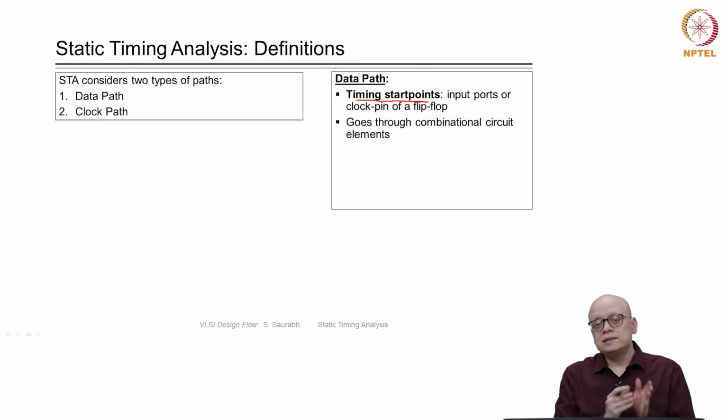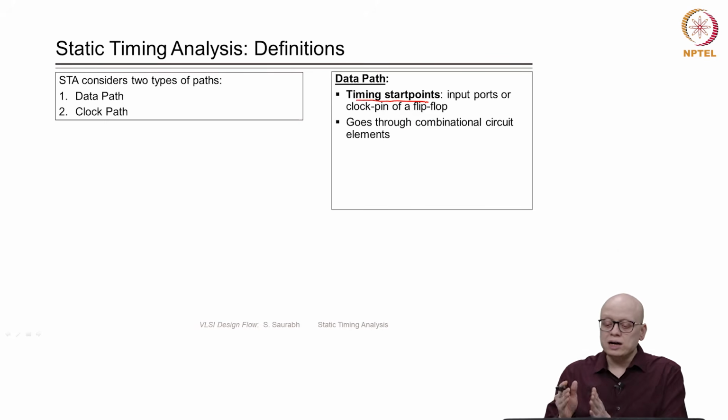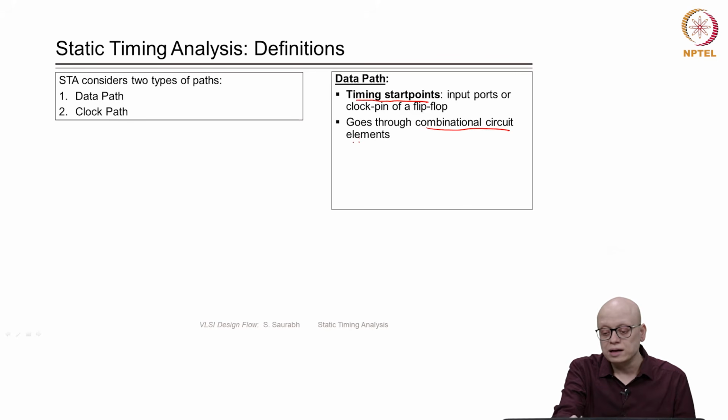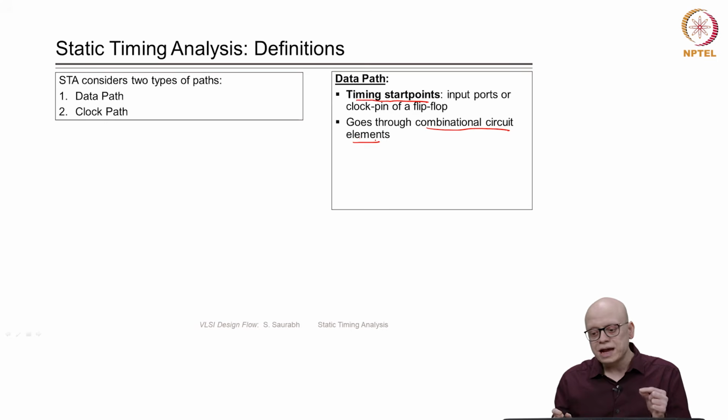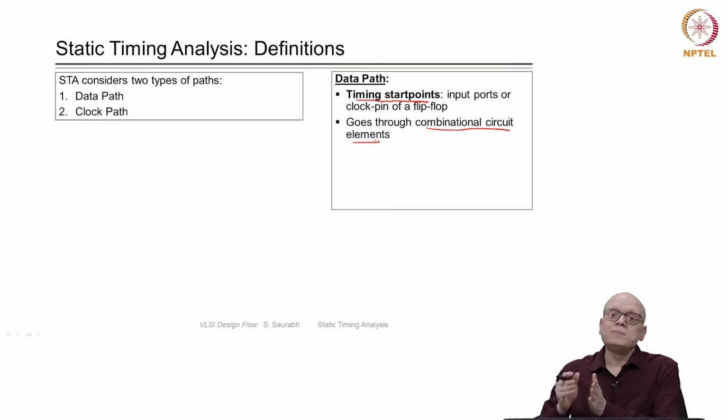Then this path can go through combinational circuit elements only. No sequential circuit elements such as flip flops are allowed in a data path.